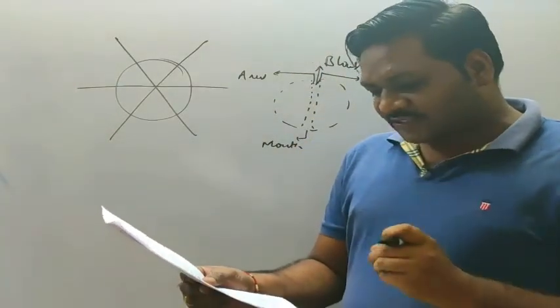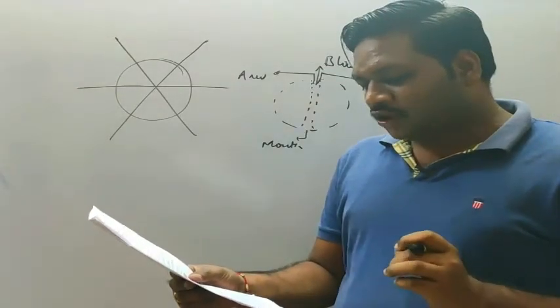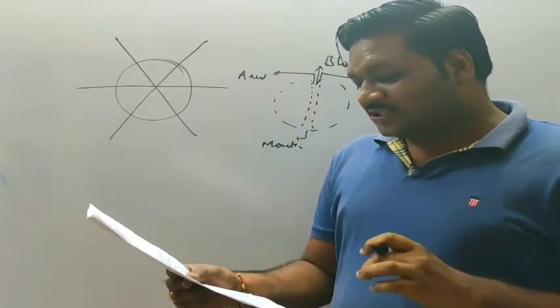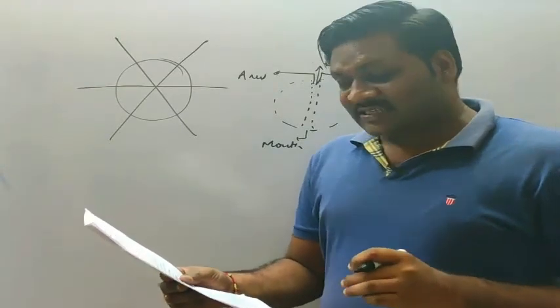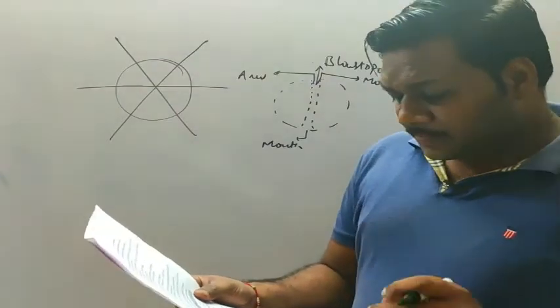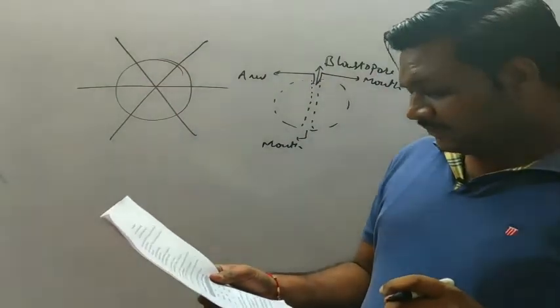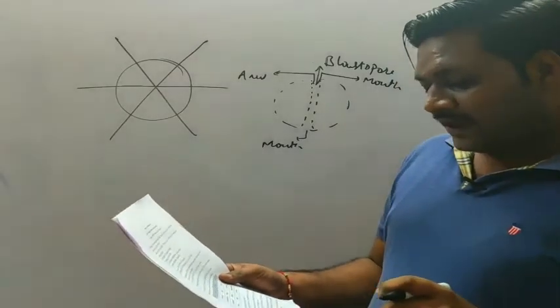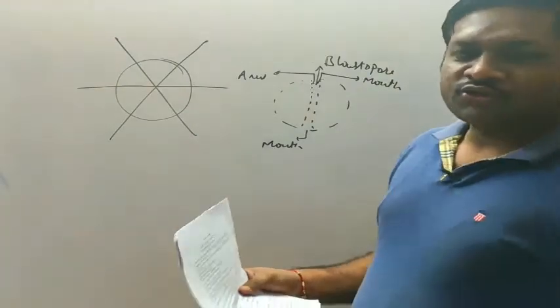Then see the options. Option A, annelids. Option B, arthropods. Option C, Aschelminthes. And option D, mollusca. So here, in the case of Aschelminthes, we see the tube within tube body plan evolved along the deuterostomic evolutionary line.